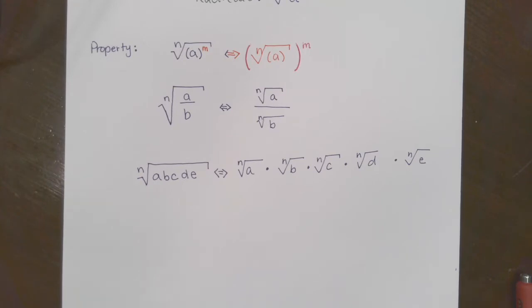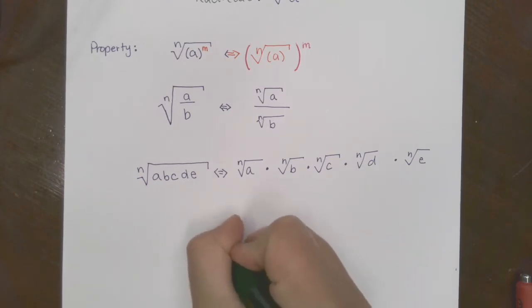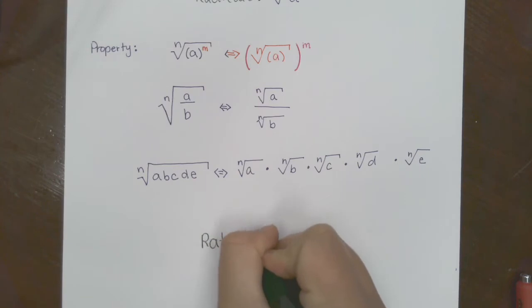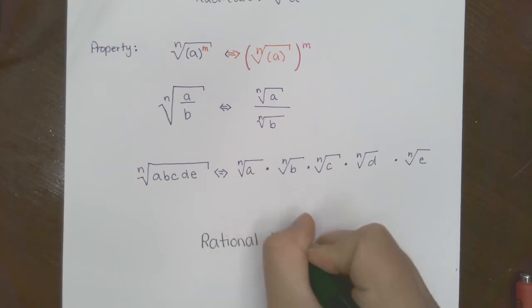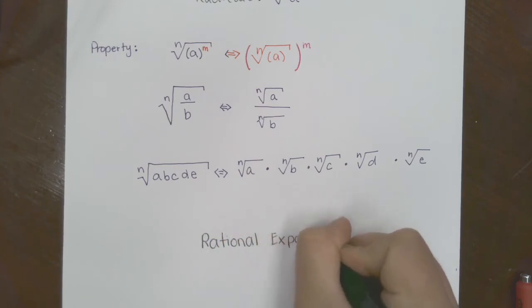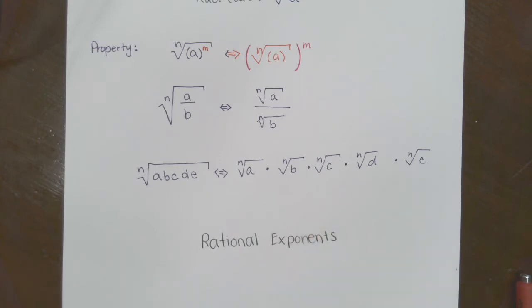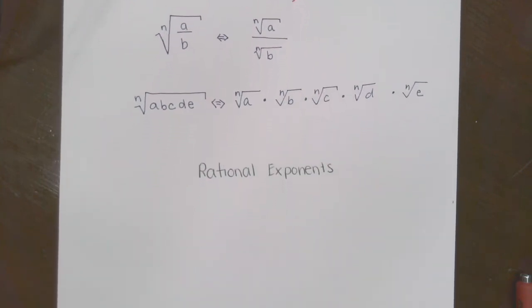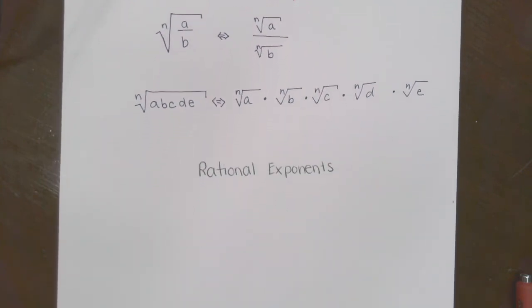Now we have something that's called rational exponents. A rational exponent, everyone say rational. Oh, thank you, my 5 people. Let's try again. Rational. Thank you. Rational is just a fancy way to say fraction.